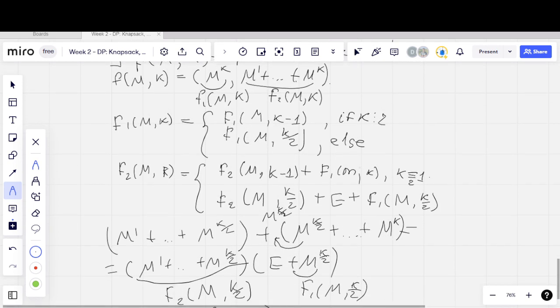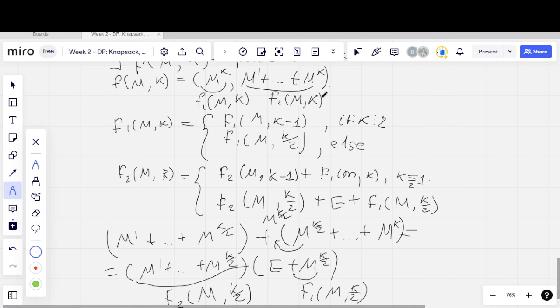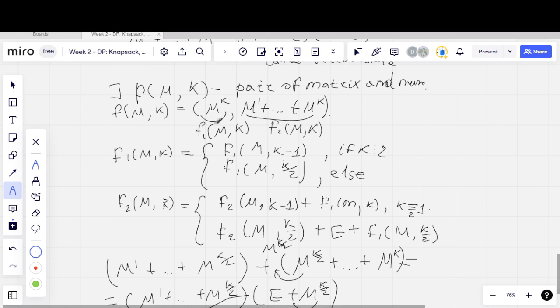When we want to code this, in the function we will return two values: m to the power of k, and m to the power of 1 plus and so on plus m to the power of k. It's more convenient to explain. When we calculate this number, the answer, we will code it like this, returning two values.